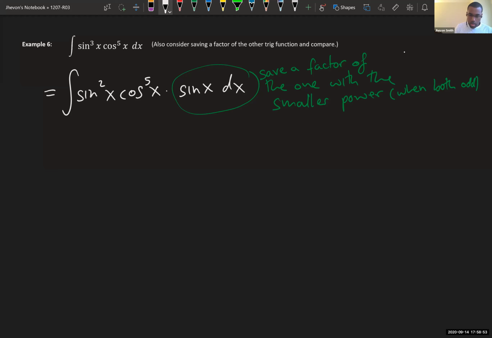Okay. So now once you decide to save the sine, what does that mean we need to change? Sine squared x. So now I can change that sine squared x to 1 minus cosine squared x.